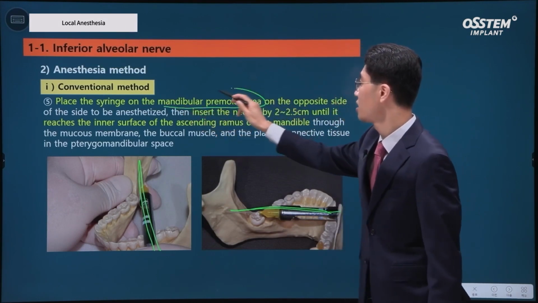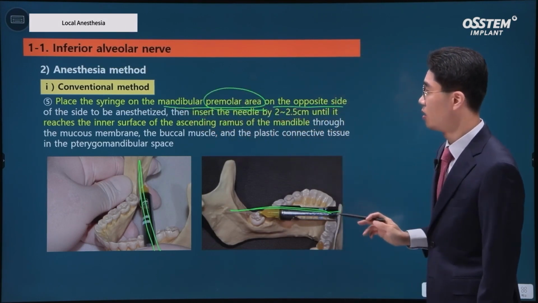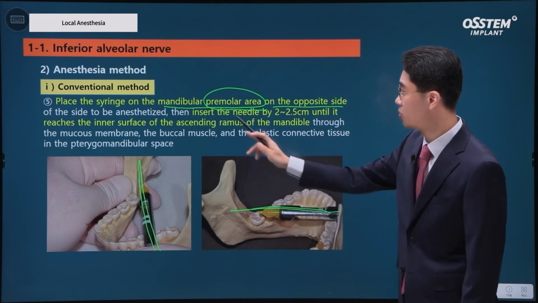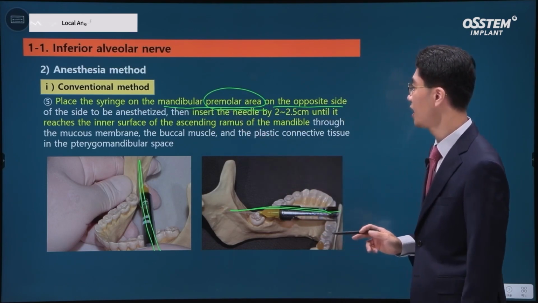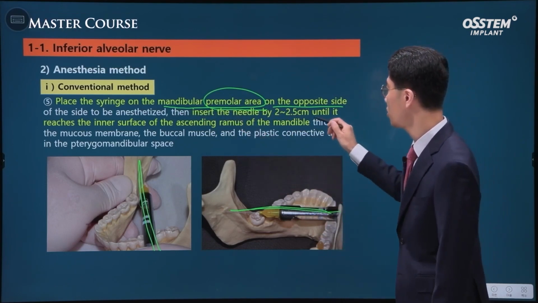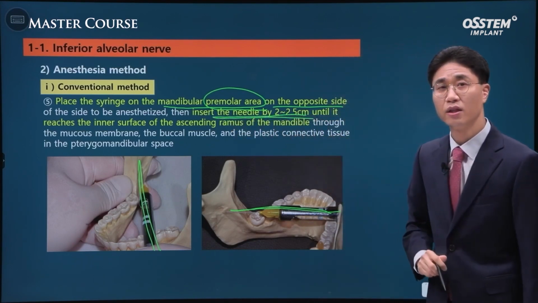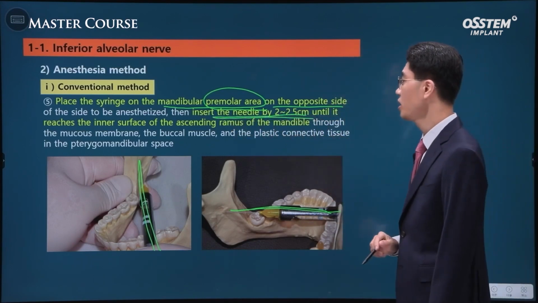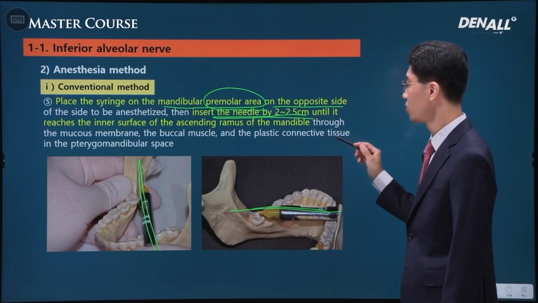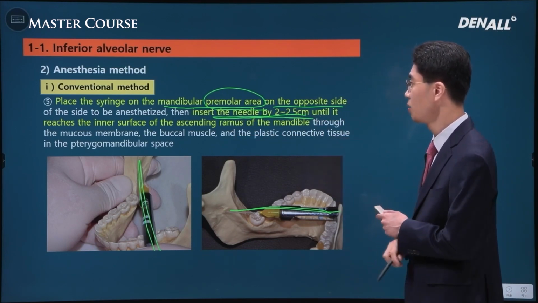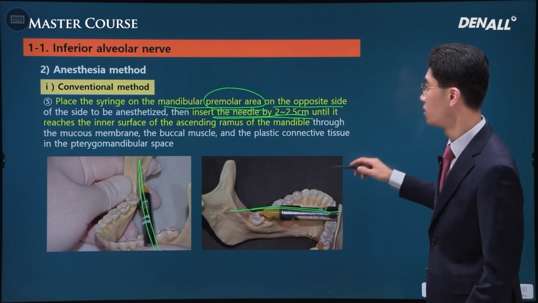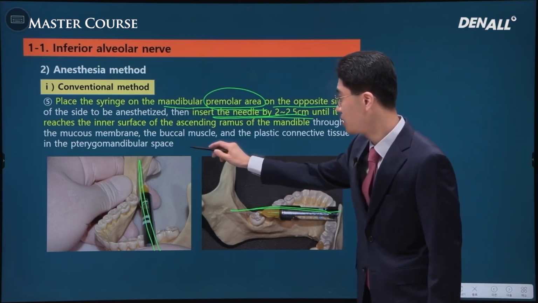So we approach it in a diagonal direction. This is not an absolute figure, but in general, the needle goes in by 2 to 2.5 centimeters. The pterygomandibular space is where injection is going to be made.